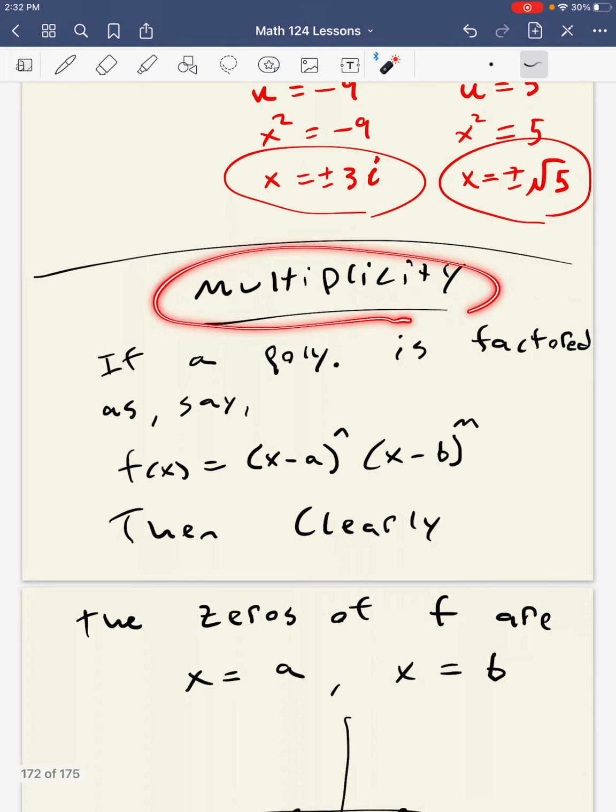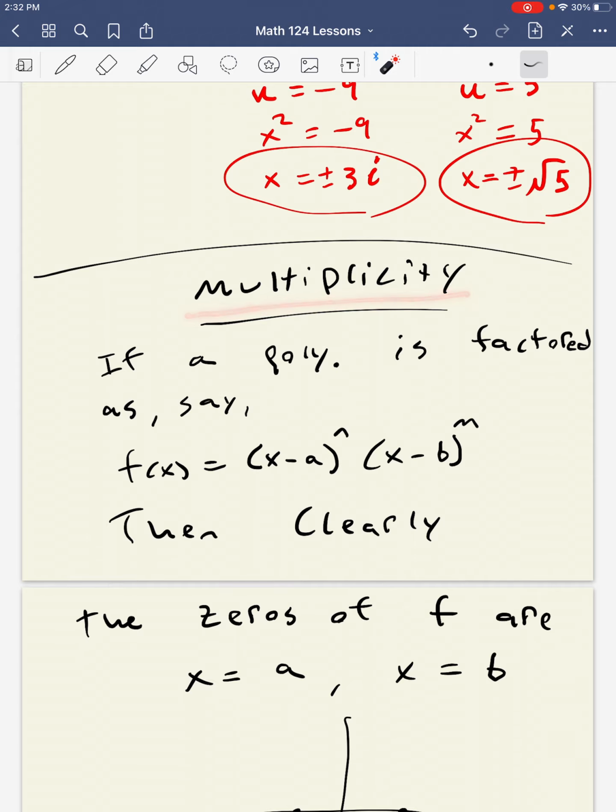It's called multiplicity. Let me rephrase that. The multiplicity of a factor is simply these exponent values here. So the multiplicity of this term x minus a is n. The multiplicity of this term x minus b is m.